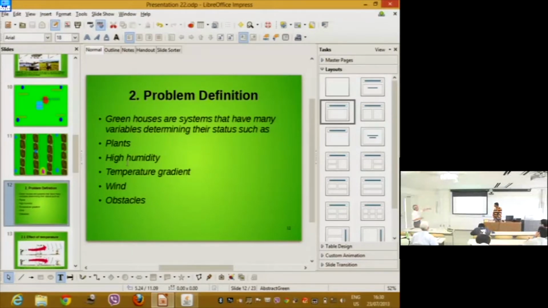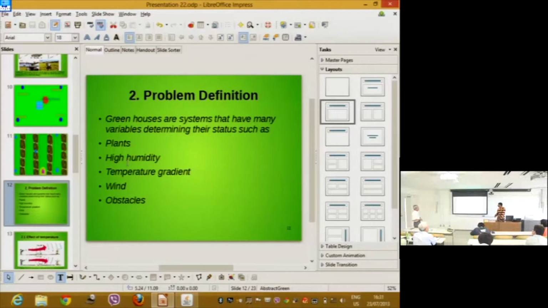Wind also, like if you use a fan inside the greenhouse. They use some fans to reduce the temperature. The wind can become an obstacle. Yeah. But there are many problems we have. Which targets are you most interested in?